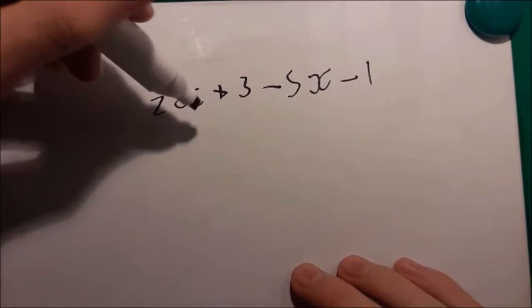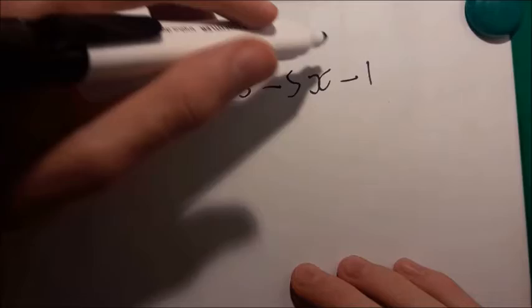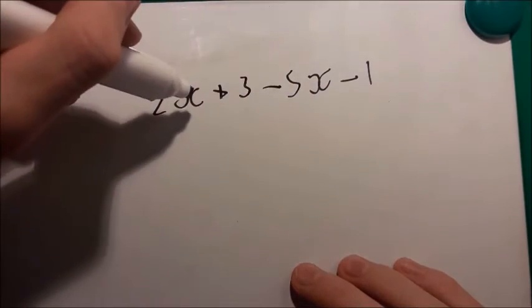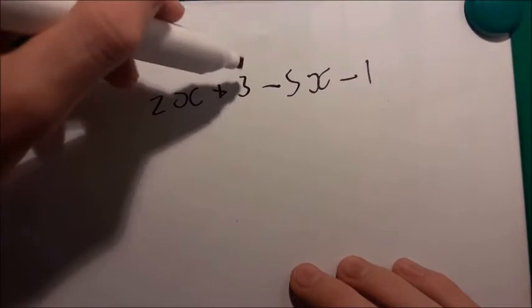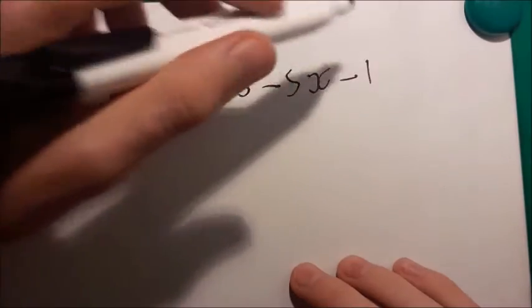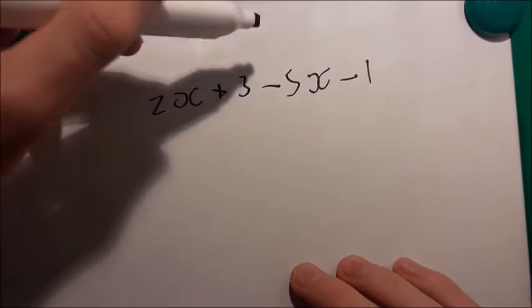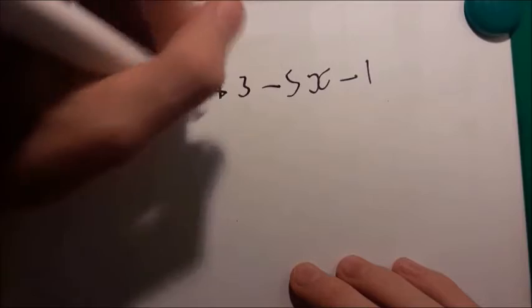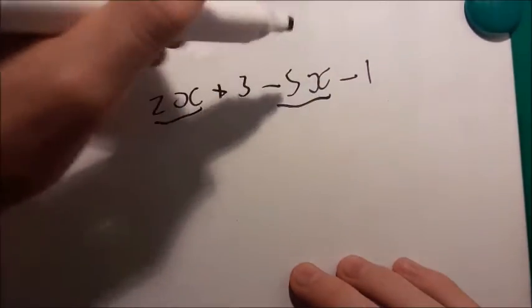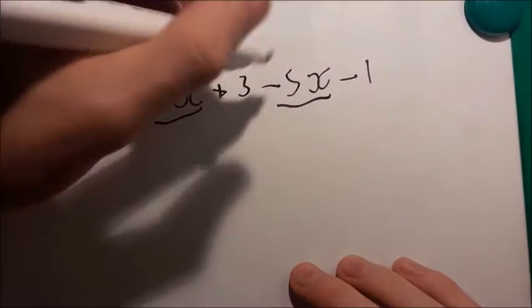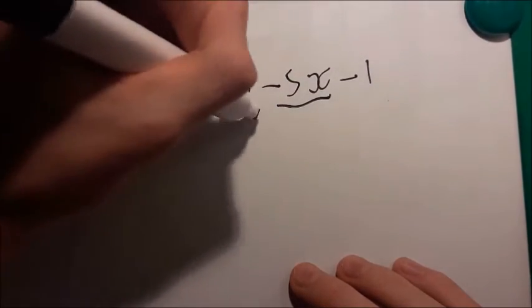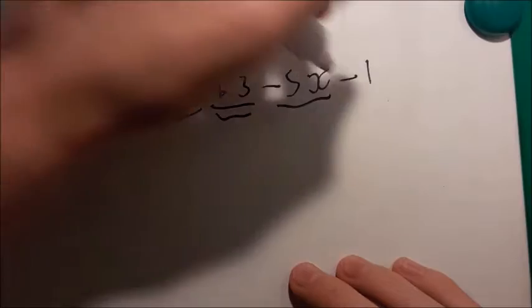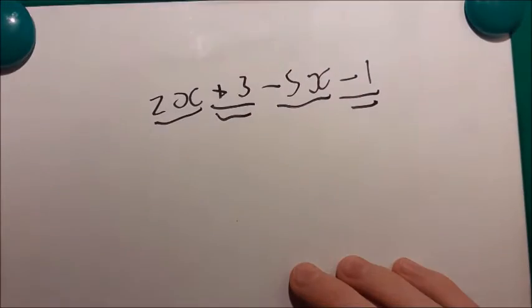Now we can see that 2x and 5x both contain x, while 3 and 1 don't contain any x's. Therefore we can say that 2x and negative 5x are similar, and 3 and minus 1 are similar.